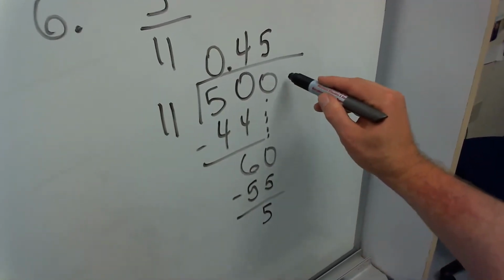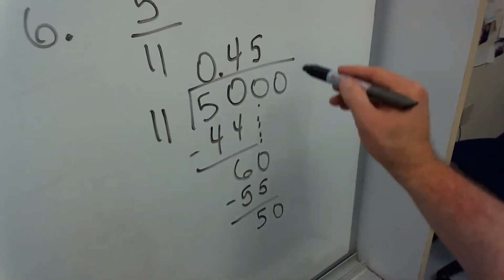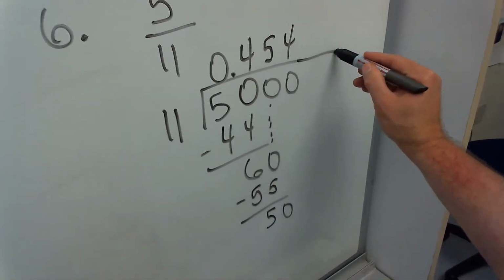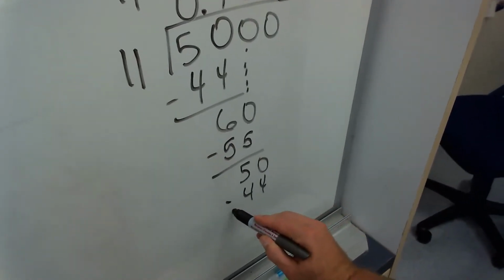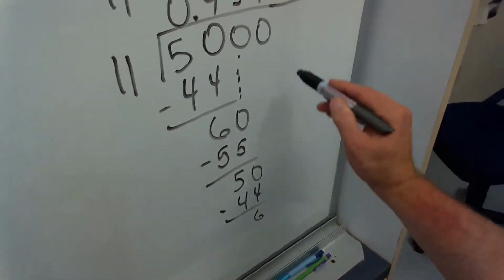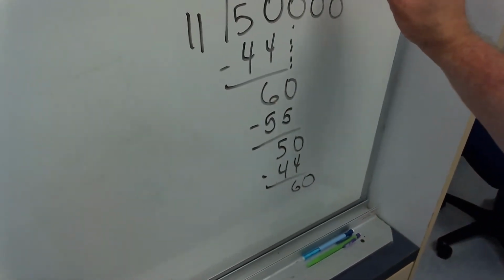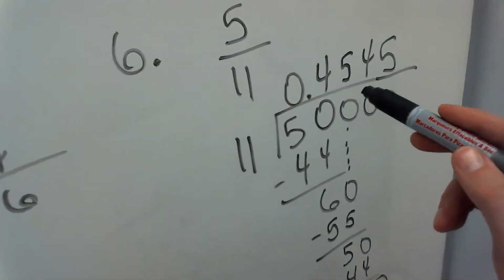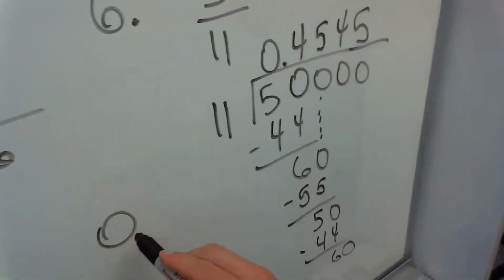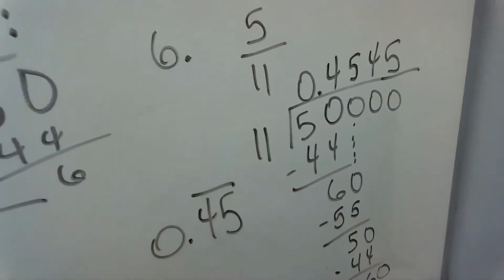We get a difference of 5. Add a 0, bring it on down. 11 goes into 50 4 times. 4 times 11 is 44. Starting to look like a pattern again. And 11 goes into 60 5 times. So 5/11 is equivalent to 0.45 repeating.